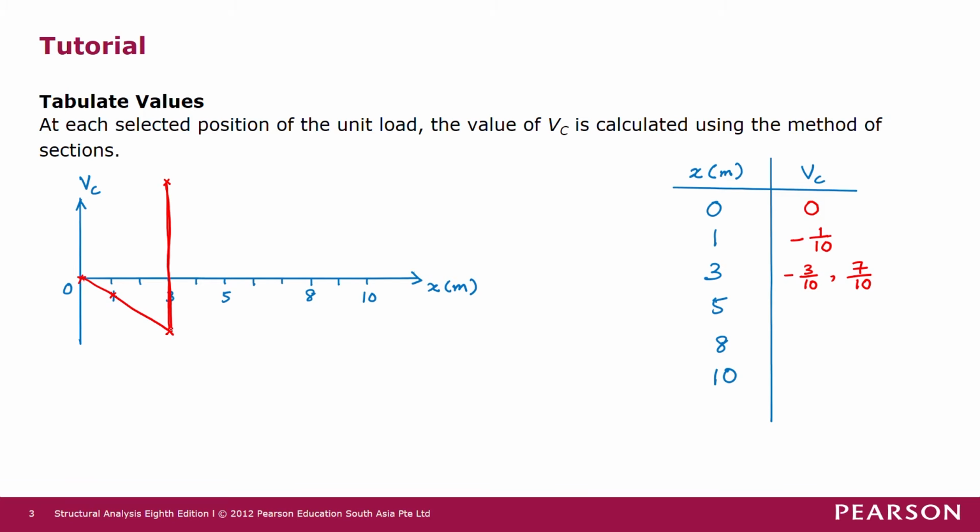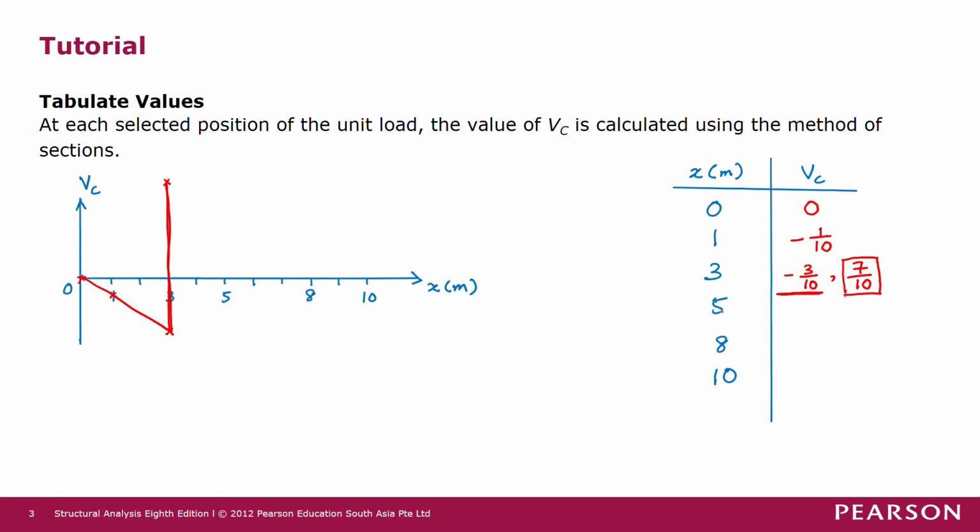Because one value is when the 1 unit force is just to the left of point C, and another value is when the 1 unit force is just to the right of point C. So the value for the shear force just to the left of point C is this value here, minus 3/10, and the value just to the right of point C is this value here, which is 7/10.